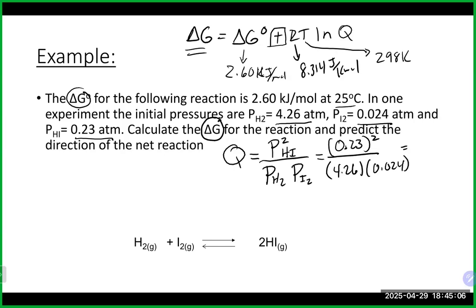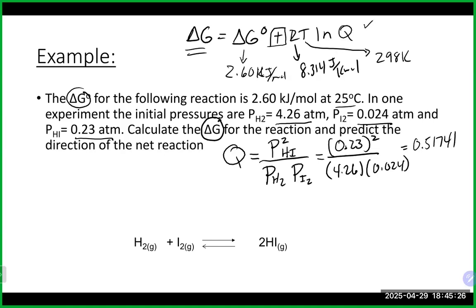That's going to give us a Q value of 0.51741, not too much rounding there. So now we have our Q.